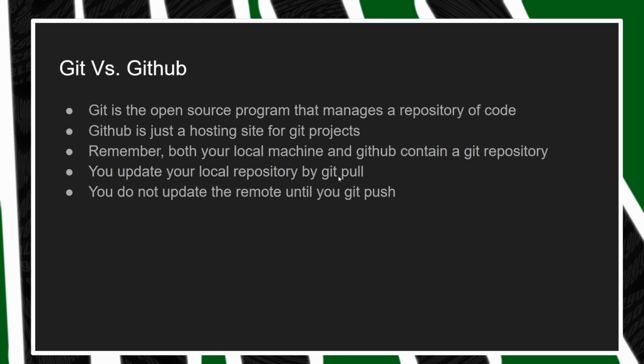You use the git pull command to update your local repository from the remote, to grab changes from the remote to yours. You use git push to push changes from your repository to the remote after changes have been staged and committed.